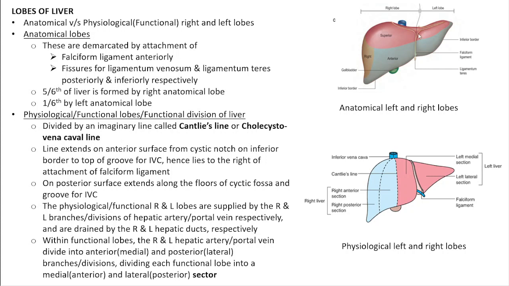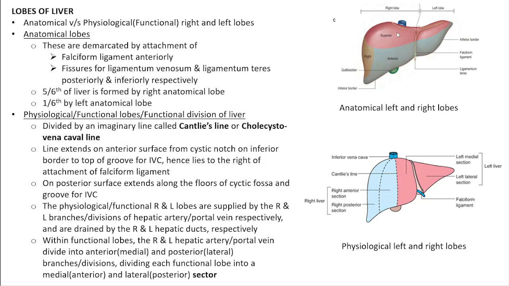So to the left of the attachment of the falciform ligament on the anterior aspect lies the left lobe, which forms roughly 1/6 of the liver, and to its right side there is a large right anatomical lobe which forms 5/6 of the liver. However, this has no functional significance because even this much part of the so-called anatomical right lobe is actually supplied blood by the right hepatic artery and the right division of the portal vein. So this functionally belongs to the left lobe of the liver.